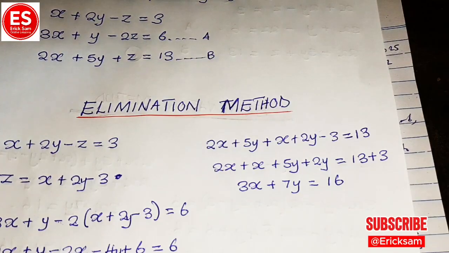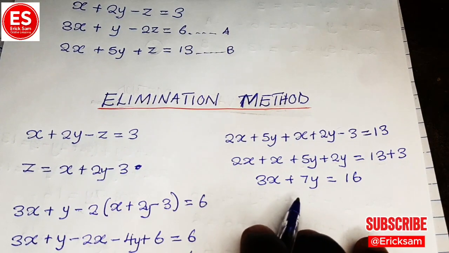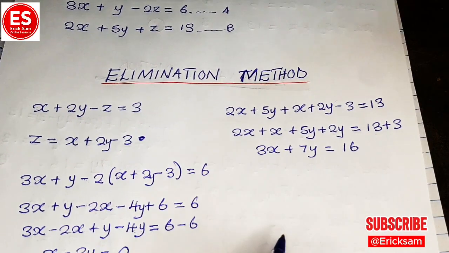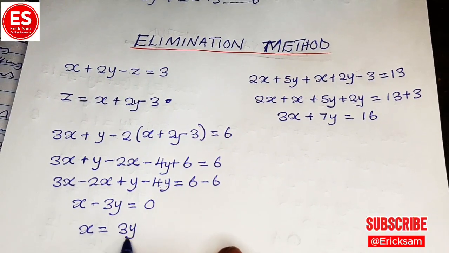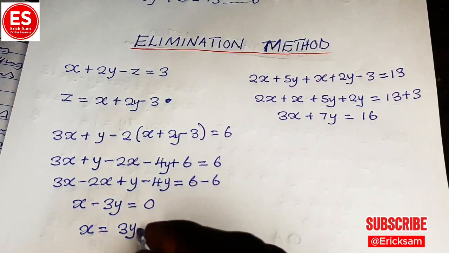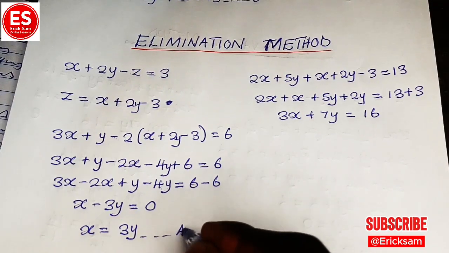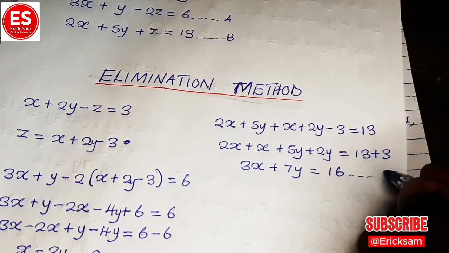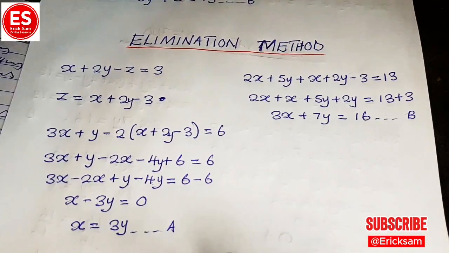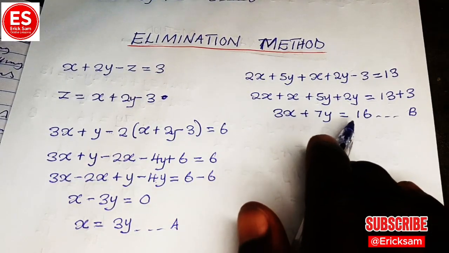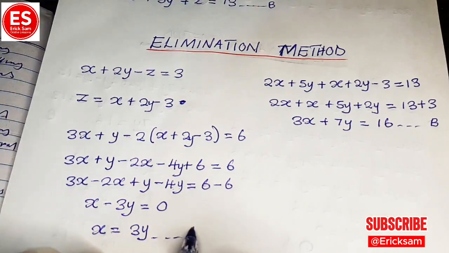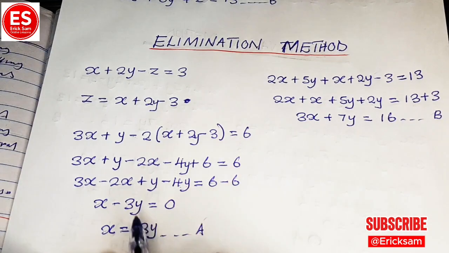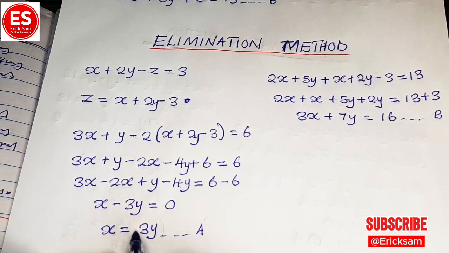Now having reached there, what you're going to do is use the first one that you had found. You're going to use equation A and substitute it into equation B. Since we are going to substitute, where there is x, you're going to put this answer here.